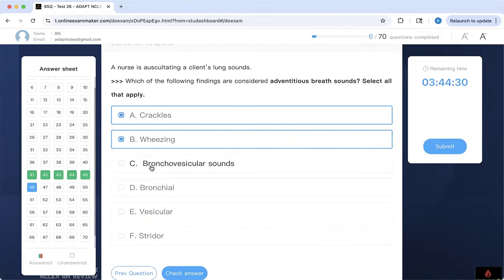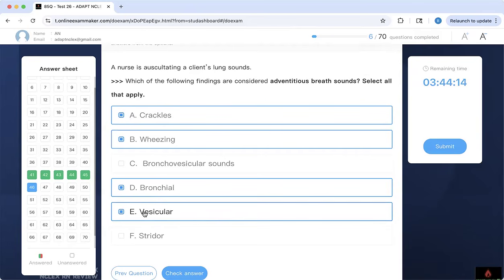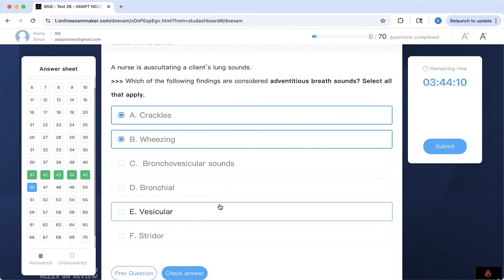But these three things, write them down. You have vesicular breath sounds that are normal, bronchial breath sounds that are normal around the bronchial area, and if you combine them, you have bronchovesicular sounds. So bronchial, vesicular, and bronchovesicular are normal breath sounds. They are not considered adventitious.